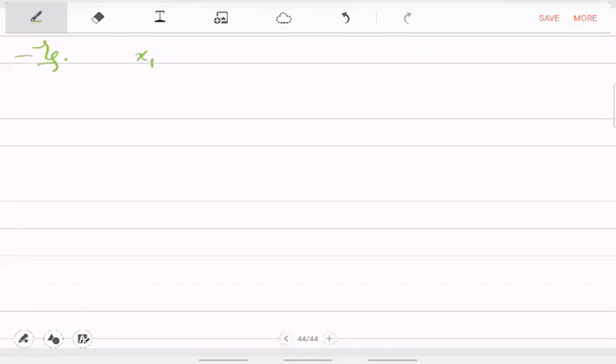So for example, (x1 or x1 bar or x2 bar), let's say, this clause, with the second clause (x1 bar). Okay, is it satisfiable or not? So you have to set x1 to be false, otherwise the second clause will not be true. And even after setting it false, for the first clause you can set x2 to false and the first clause becomes true.